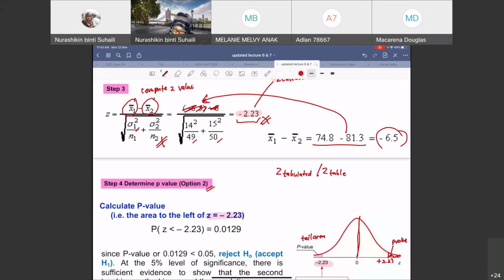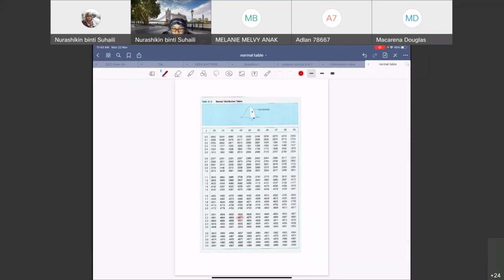Don't get confused. That's why you have to know how to use the Z table. The area is given as the region enclosed this way.